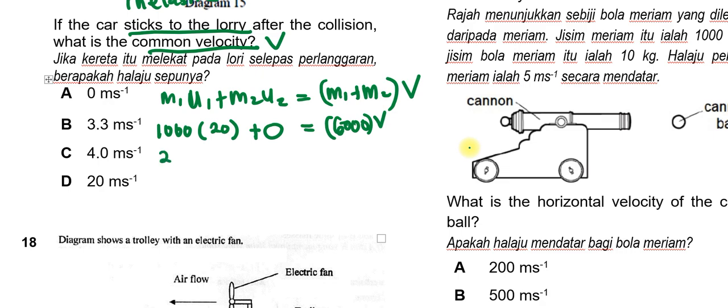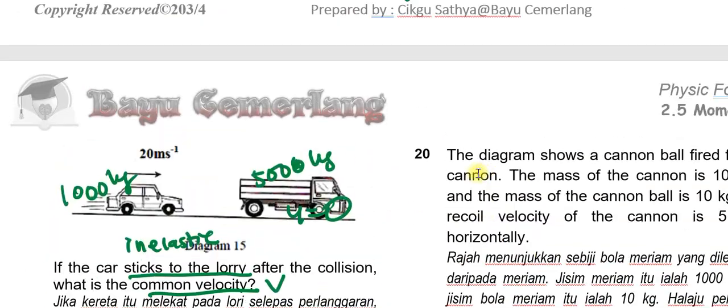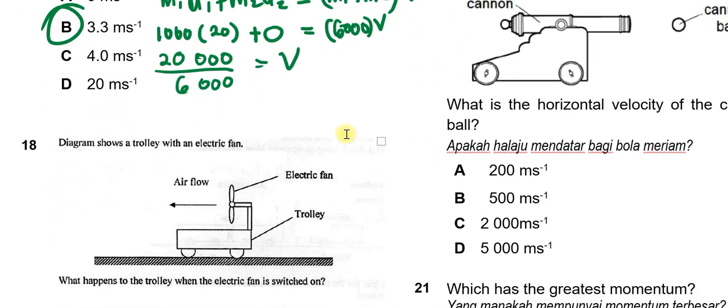If you do this, it is 20000 divided by 6000. What do you get? Then 3.33. That is the answer. Next question.